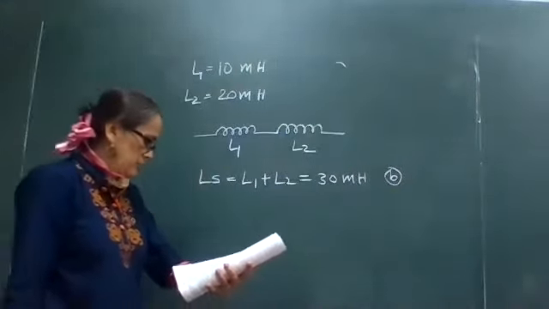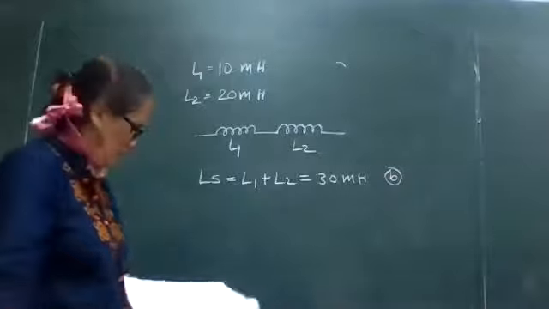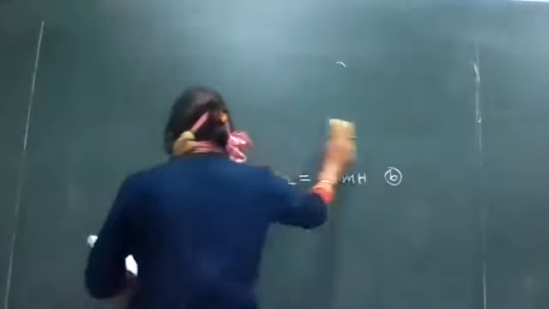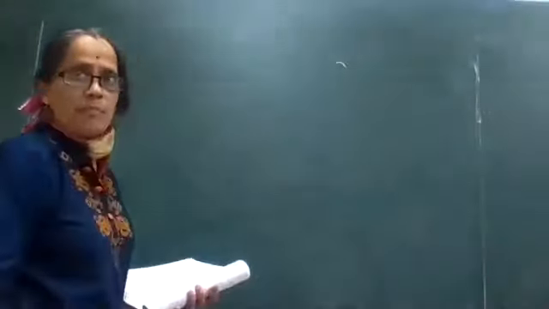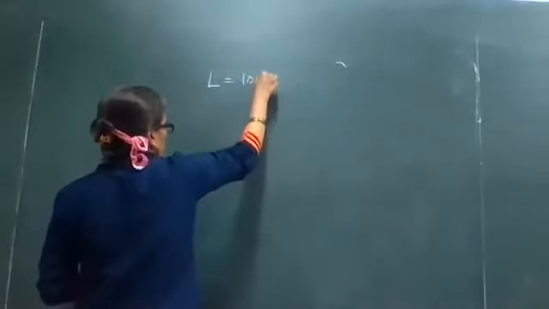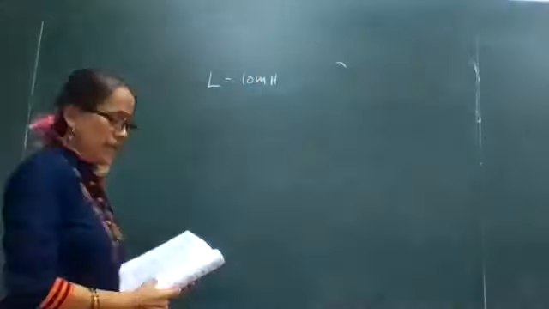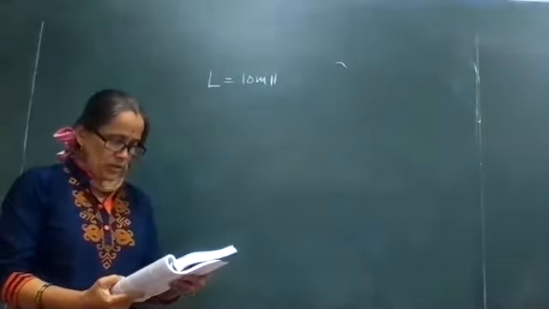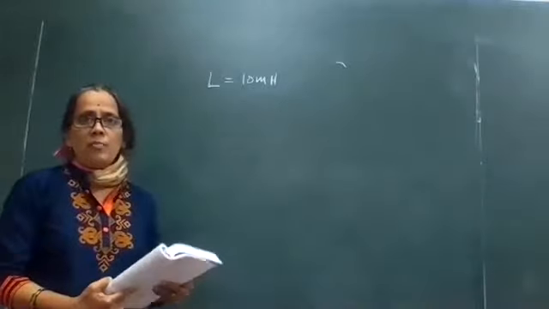Okay, then the fourth one. It is given that the current through a coil of self-inductance 10 mH increases from 0 to 1 ampere in 0.1 second.